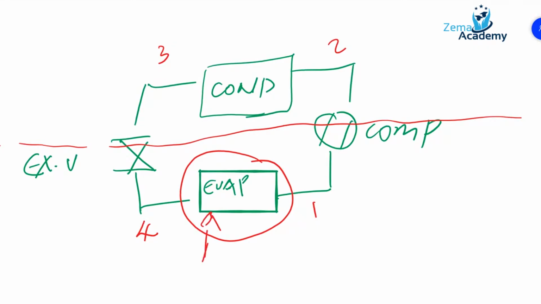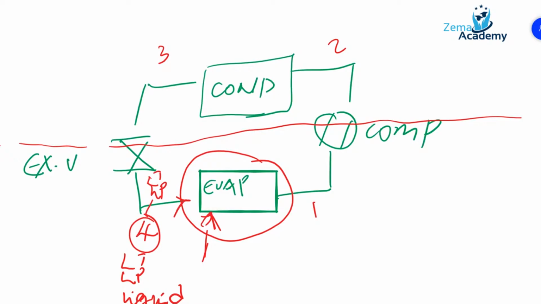And inside the four components, we have a refrigerant, which is constantly changing its phase from liquid to gas, gas to liquid. So inside the evaporator, at point number 4, what we start with is a low temperature and low pressure liquid, and that is what's going into the evaporator.